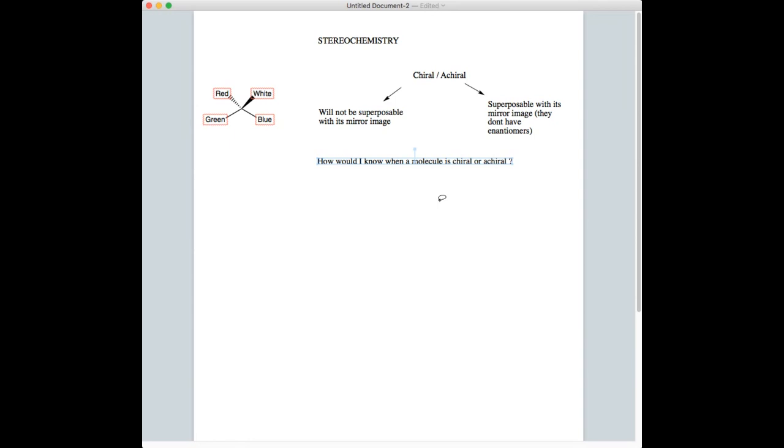You could do that, but obviously sometimes that can be pretty challenging because some molecules are highly complex. And in addition to that, you need to be really good at looking at molecules in 3D in order to make sure that you don't make a mistake. So I'm gonna give you a couple of basic tools to really understand and answer this question, which is a major thing here in the class and in organic chemistry in general. So the answer to this question comes from something that we are going to call element of symmetry.